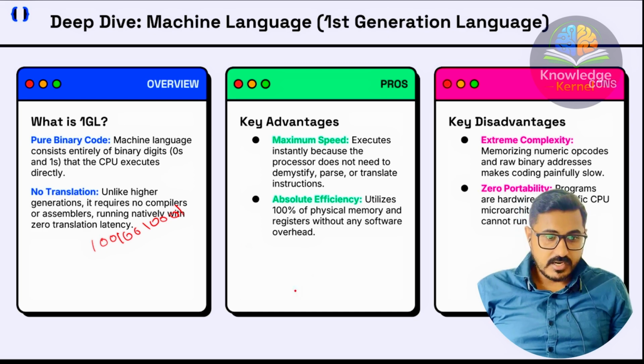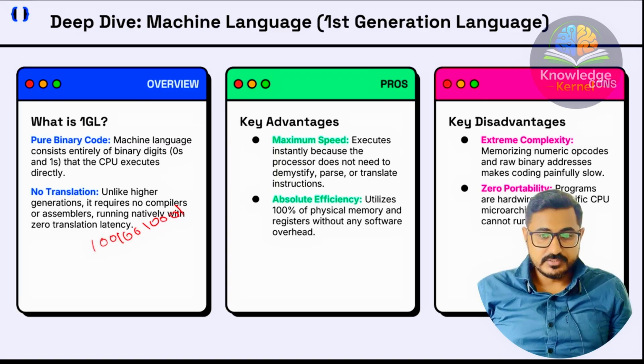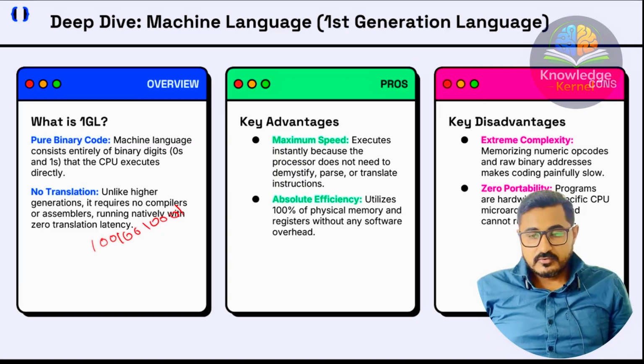So depending upon the hardware you are using, the program will differ. This is one of the most difficult problems while dealing with binary language, otherwise machine language, that is, the zero portability.